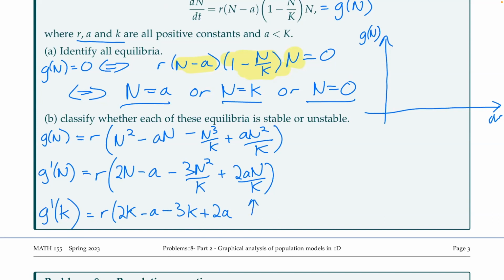Likewise here, we had n over k, so we end up with k over k, and that just cancels. Okay, so what do we end up with here now? Well, we've got a 2k minus 3k, so we're going to have a minus k. And we've got a 2a minus an a. So this gives me r times by a minus k.